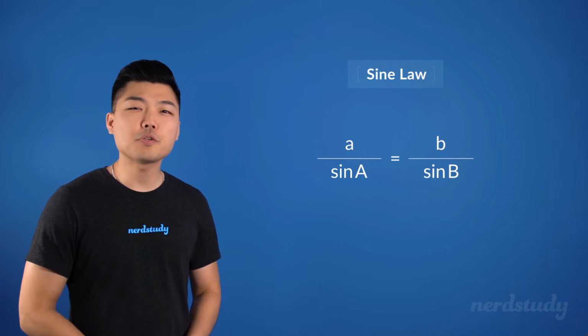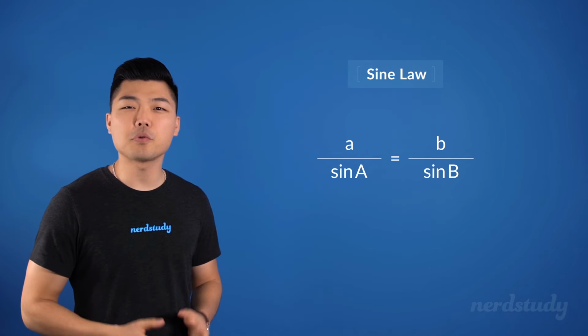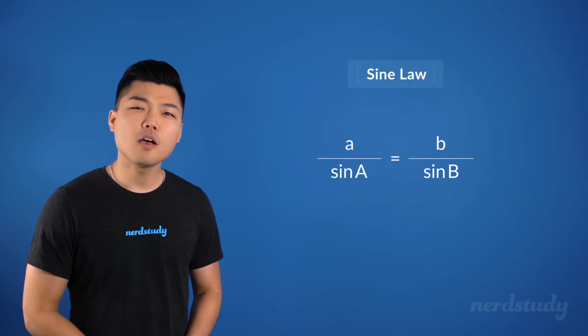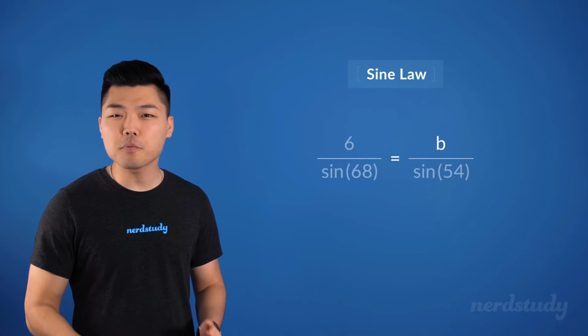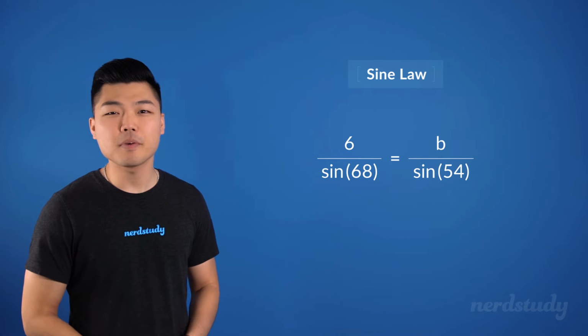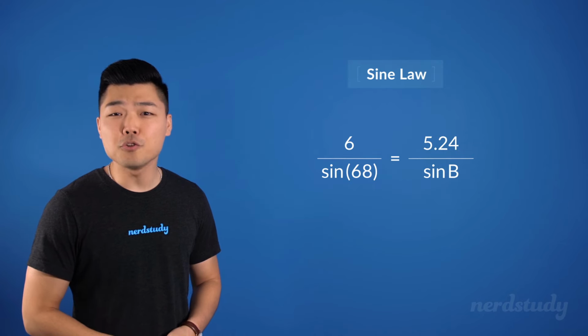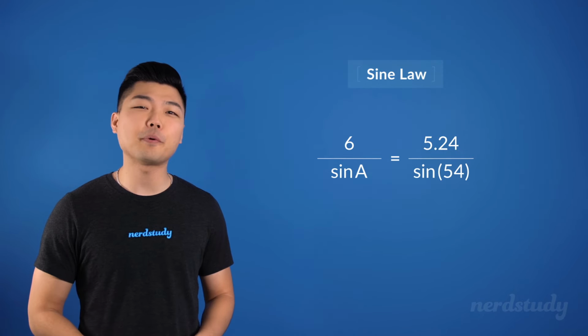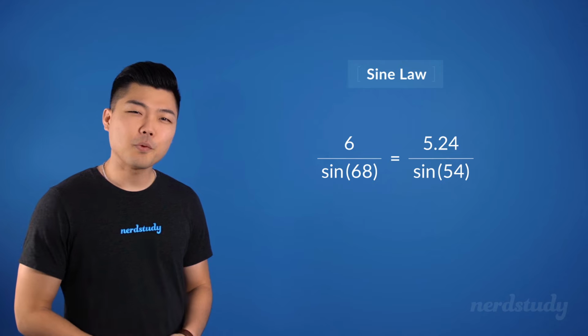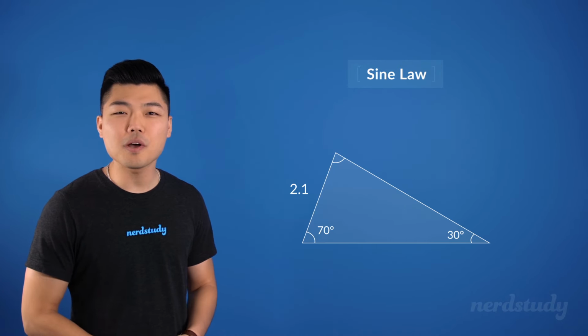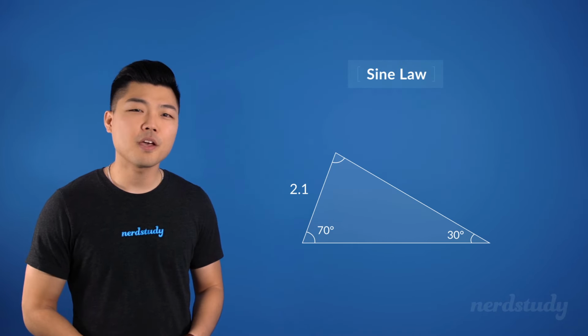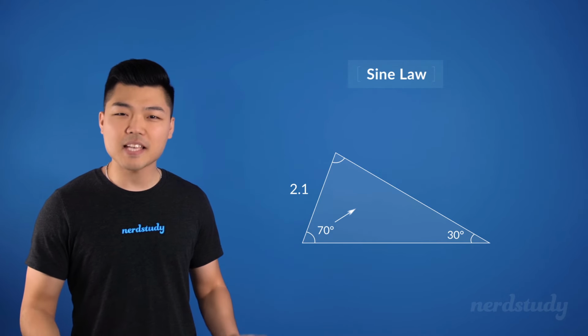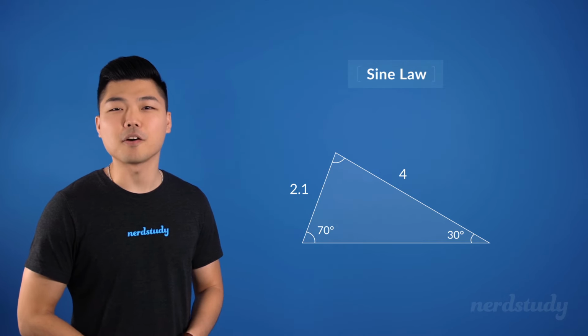Remember, since we have a over sine a equals b over sine b, all we need to have are any three pieces of information at a time in order to compute a numerical answer for the variable that we're interested in. We could have two angles with one side length provided to us, and we would be able to find the side length opposite to this angle.